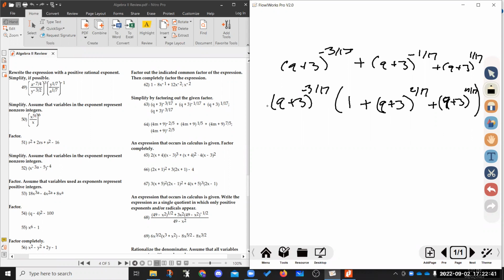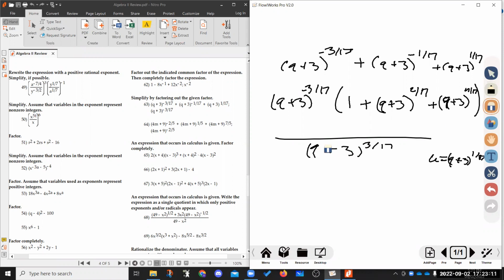Let's go ahead and write this like so. (q+3) to the 3 over 17. I'm going to make a substitution here, where u is (q+3) to the 1 over 17 power for a second.